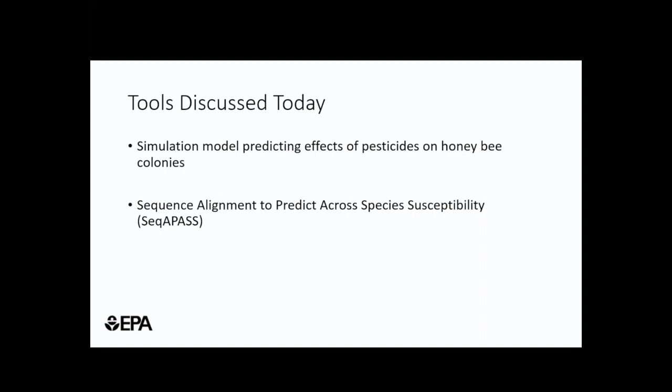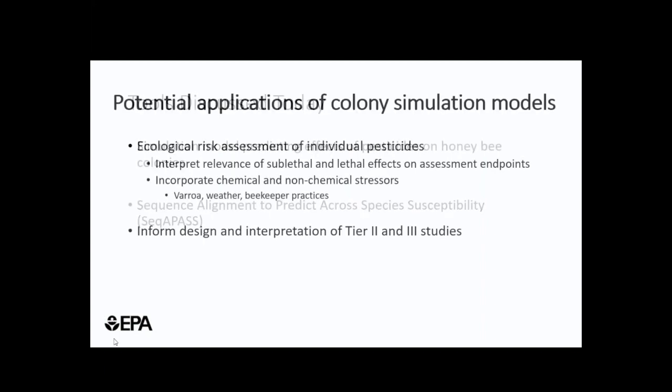The second model that I'll talk about is CECAPAS, which is at the protein level. So what it does is look at similarity of protein structures to determine whether different species will have similar susceptibility to a given chemical.